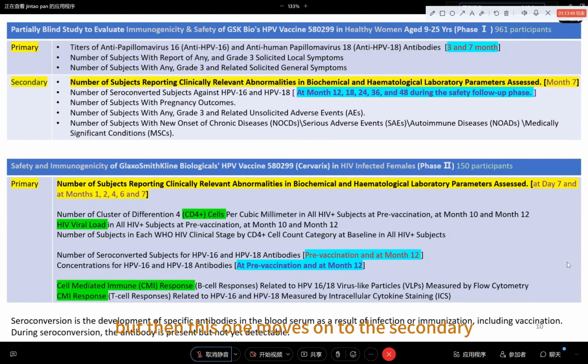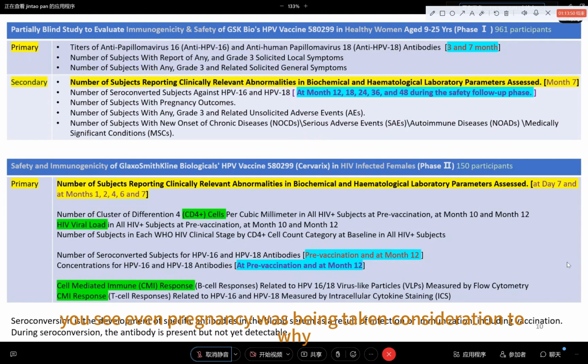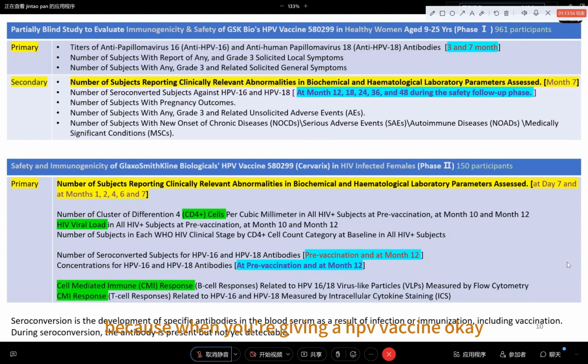But then this one moves on to the secondary. You see, even pregnancy was taken into consideration. Why? Because when you're giving an HPV vaccine, they don't know whether the HPV vaccine will actually cause people to lose out on pregnancy or not. So maybe they want to follow to see whether, after vaccination, it will cause people to be unable to give birth. So that's why they had to look at pregnancy.